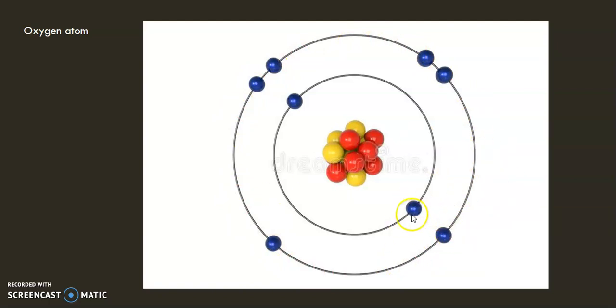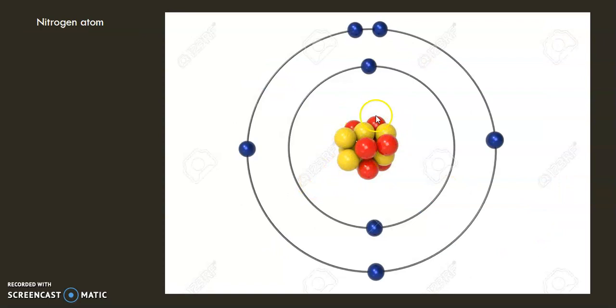Again, it can't make new electrons, so it has to find another atom that has electrons it can share, or sometimes they'll donate an electron to another atom, or take another electron from another atom, in order to keep their outermost electron shell at 8.